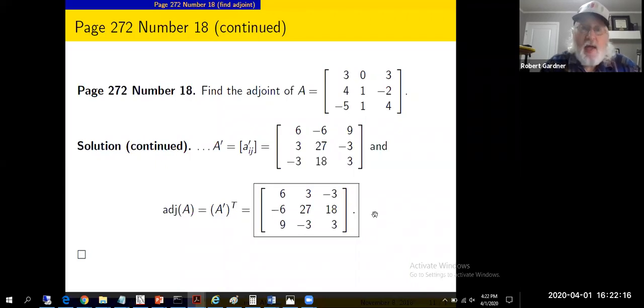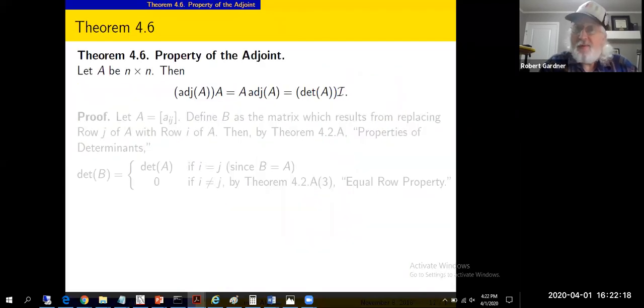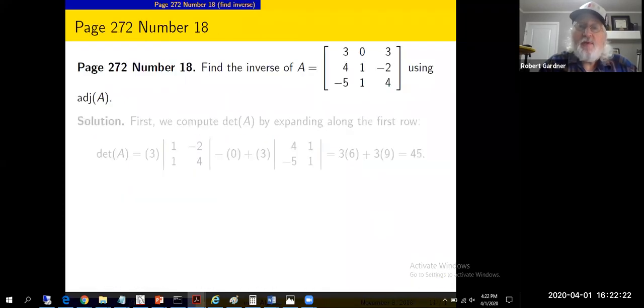Properties of the adjoint, let's skip that, and let's do this number 18, where you're asked to find the inverse of matrix A using the adjoint. This is the same matrix we just looked at. It's a continuation of problem 18.